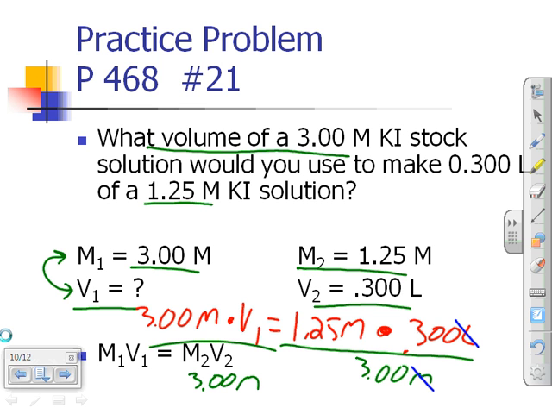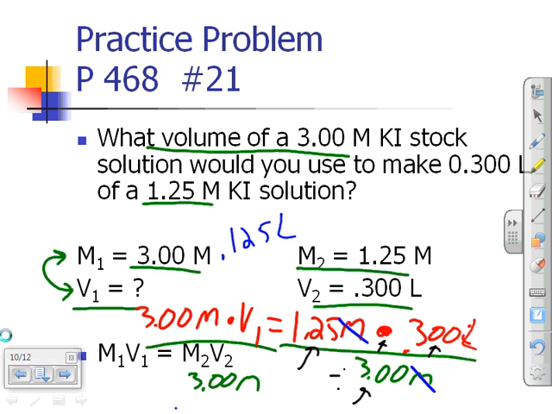Your units of molar cancel out. This liter still stays there. And what you're going to be doing is taking your 1.25 times 0.300 divided by 3.00, and you will end up with your final answer of 0.125 liters.